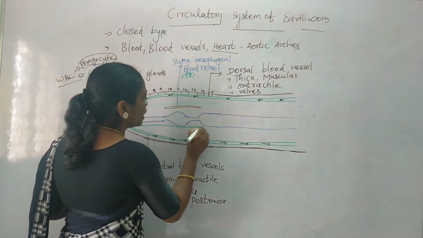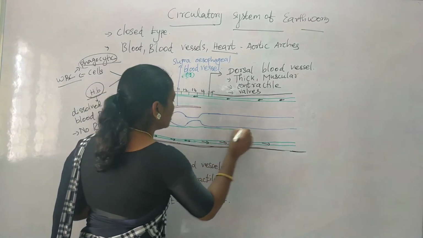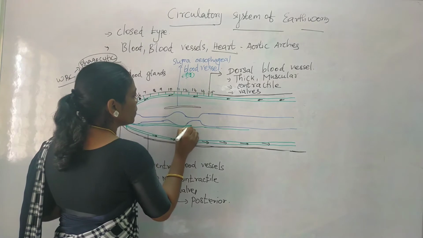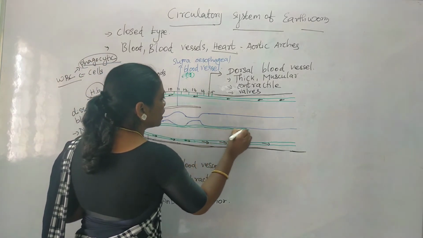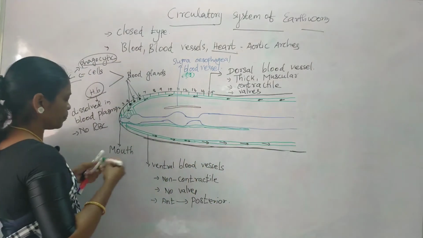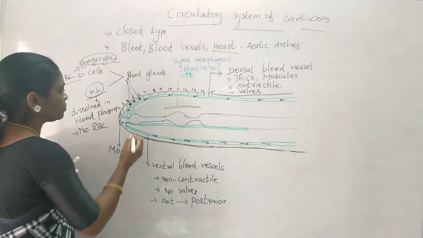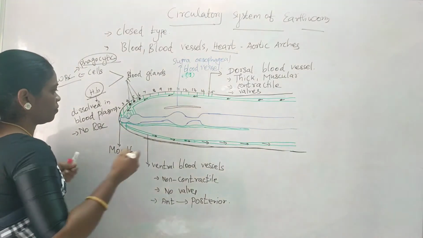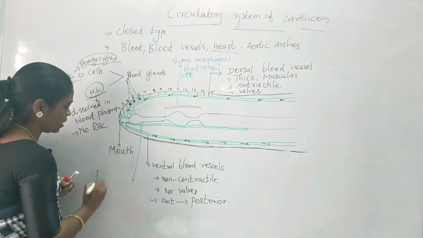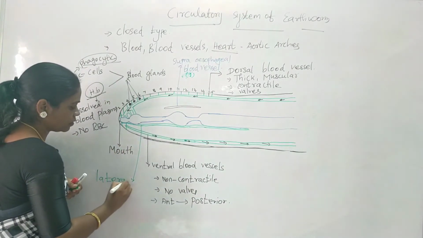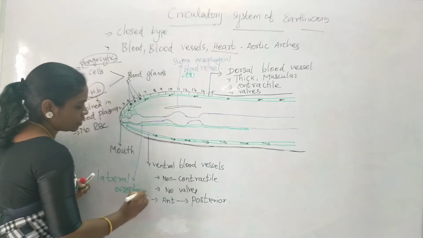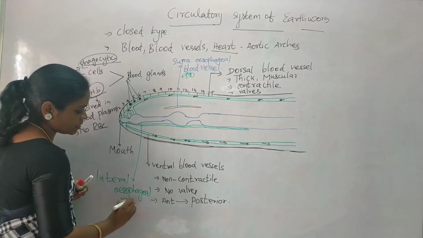It goes parallel with the alimentary canal, and these vessels are known as lateral esophageal vessels.